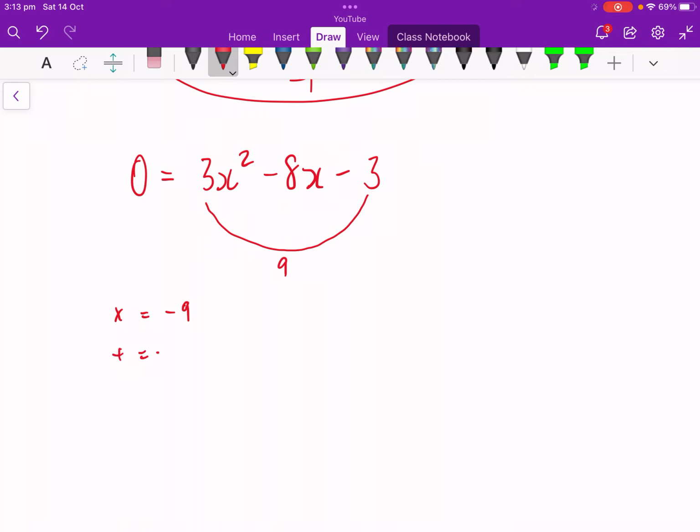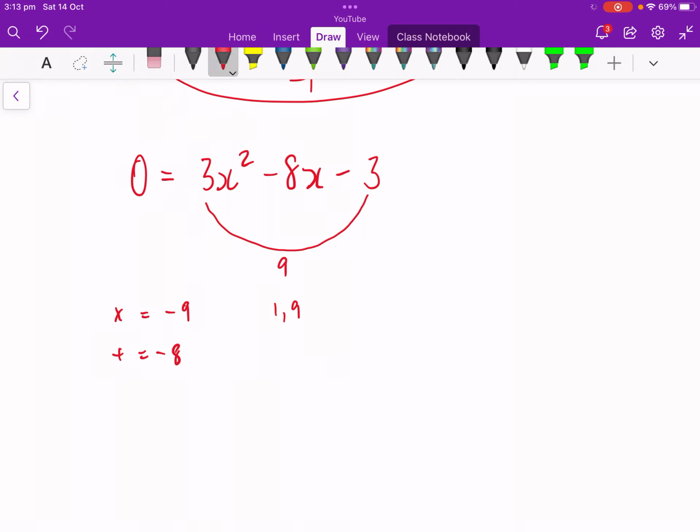But you want them to add to equal negative 8. So you're going to go through your factors of 9 and figure out which factors multiply to give you 9 but add to give you 8. So let's have a look. 1 and 9 are factors, or 3 and 3. Now 3 plus 3, or 3 take 3, no matter what combination you have, you'll never get negative 8. So that is not an option that we want.